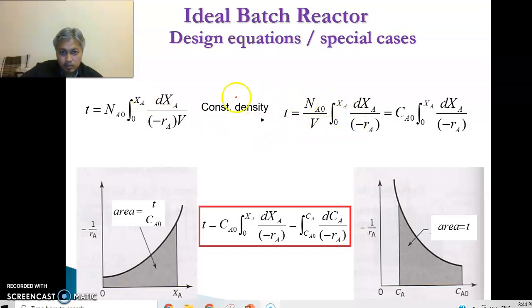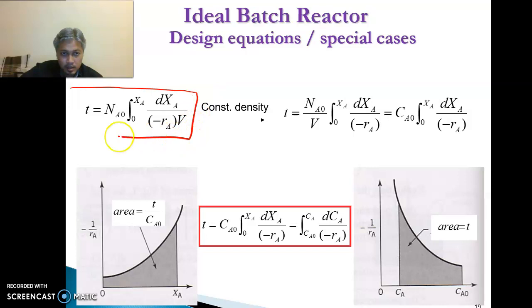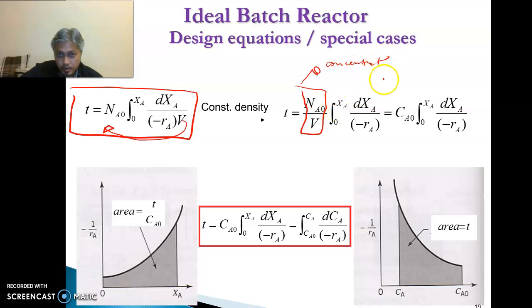Okay, so in the previous slide we have this equation. To make it as concentration, what we need to do is we can bring v here, so it will become n a naught over v. This is the concentration equation, right? So we can replace with this ca naught. And then the other term will remain the same here.